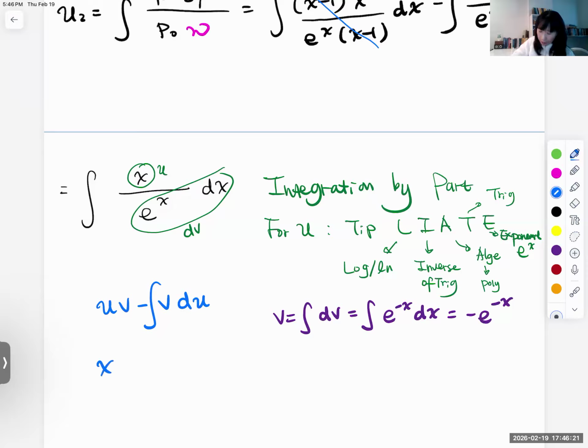U, which is x, v, which is negative, I put the negative in front, e to the negative x, minus integral v, which is negative e to the negative x, du. What is the du? 1, right?